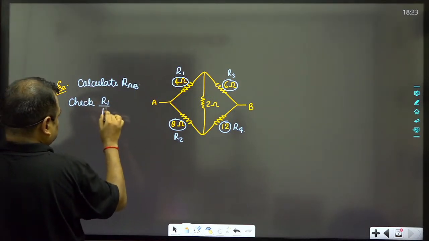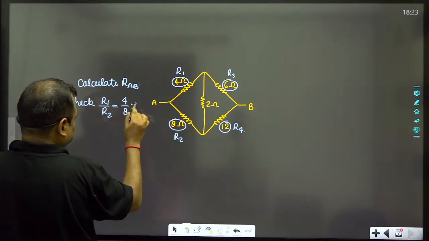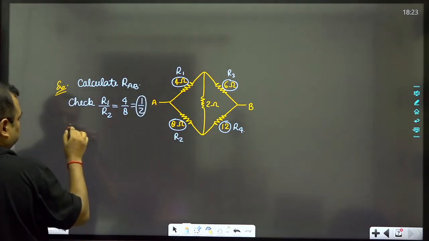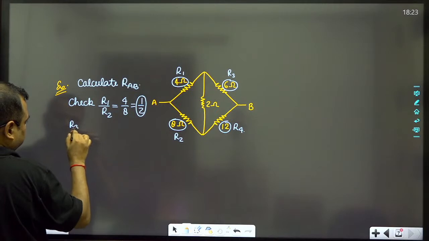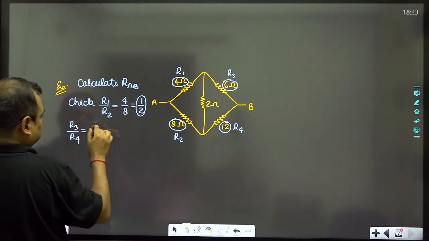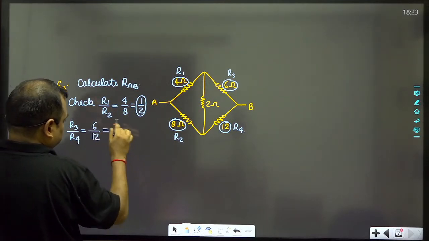R1 upon R2 will be equal to 4 upon 8, which is 1 by 2, and R3 upon R4 will be equal to 6 upon 12, which is 1 by 2.